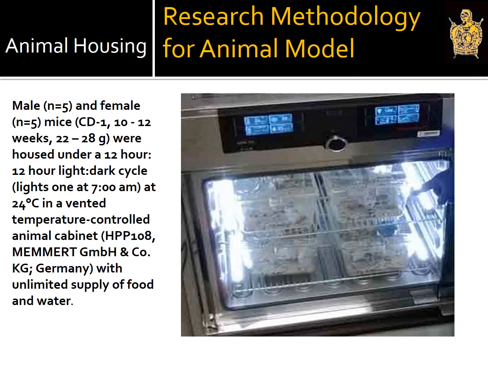We studied 5 male mice and 5 female mice. They were placed in a ventilated temperature-controlled cabinet with a 12-hour light and darkness cycle. They had unlimited access to water and food.